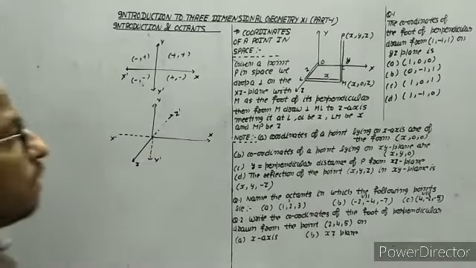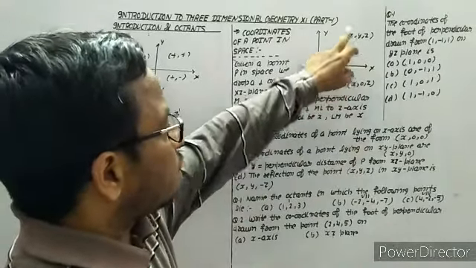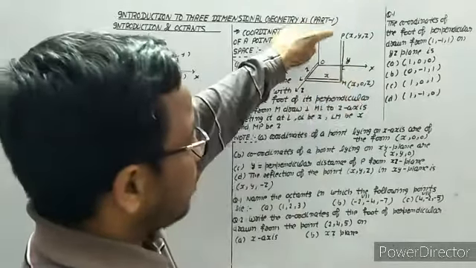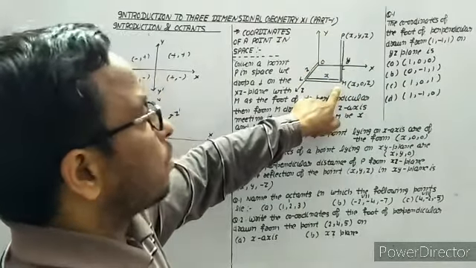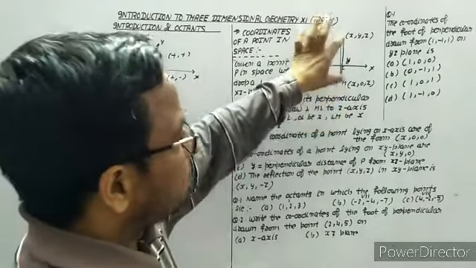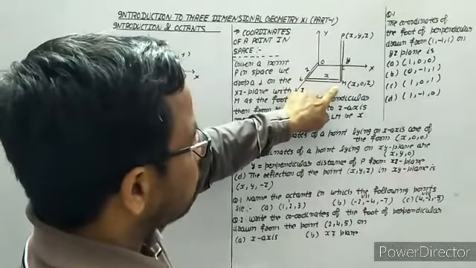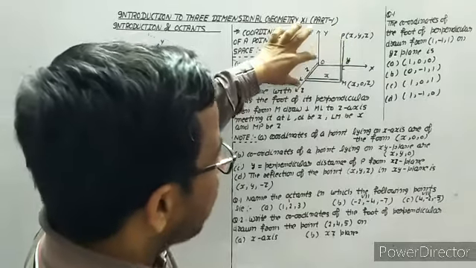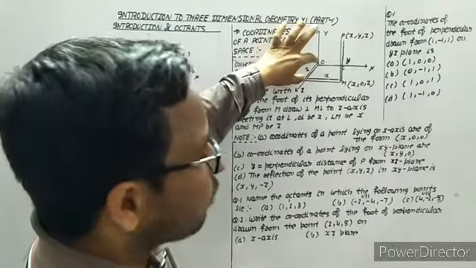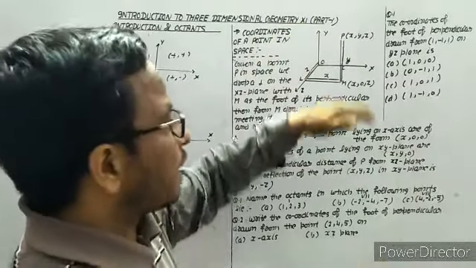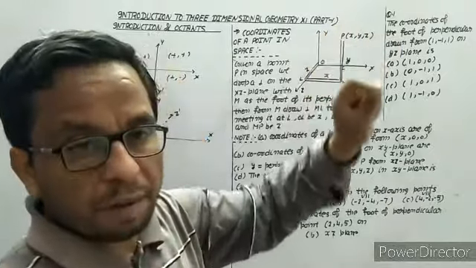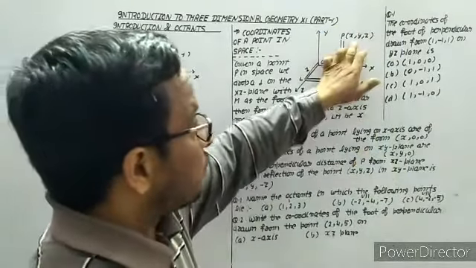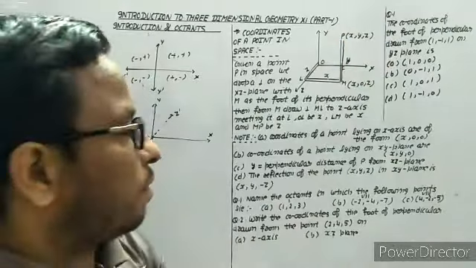Now if we think about this point in this space, draw the perpendicular in the xz plane, this length will be y. From the same point, draw the perpendicular on the z axis, this length will be x, and from O to L, this length will be z. It means the coordinates of any point in three dimensions will be x, y, z.